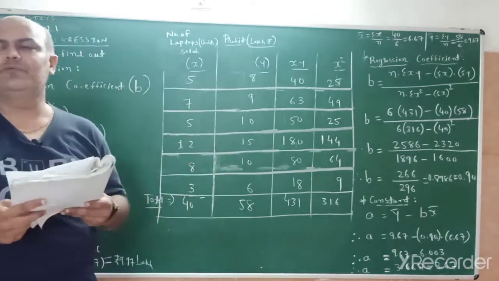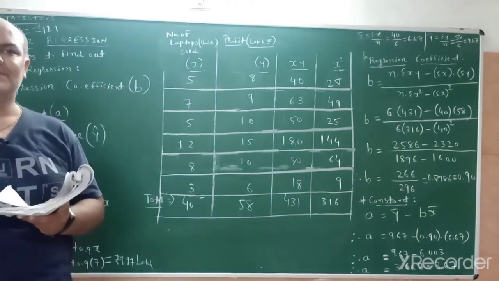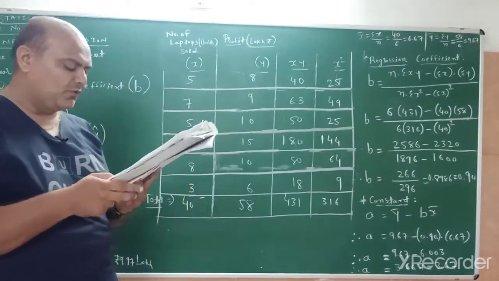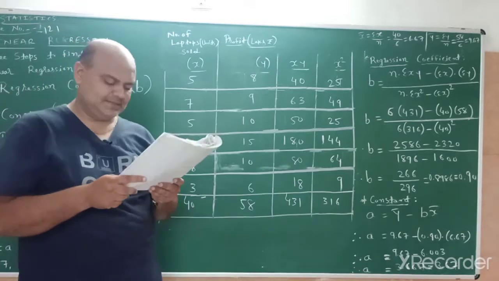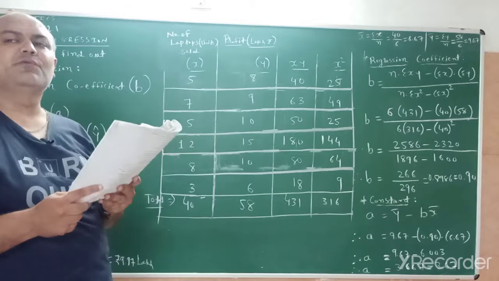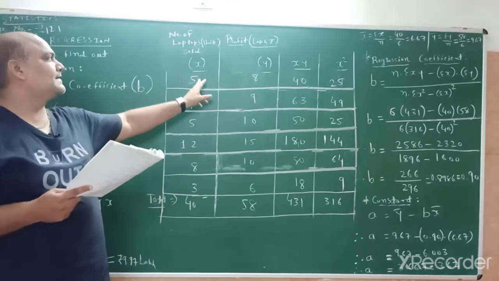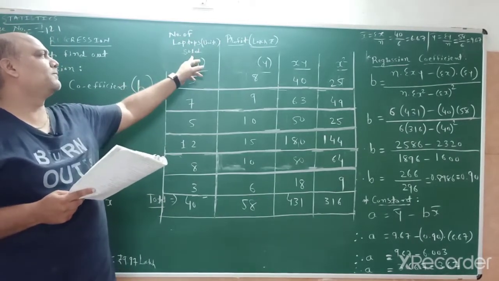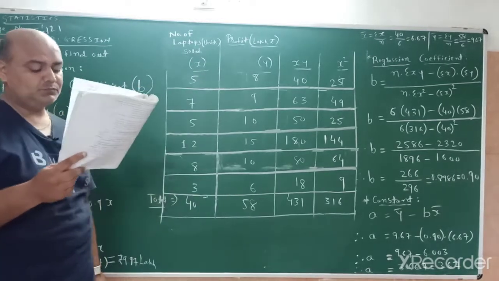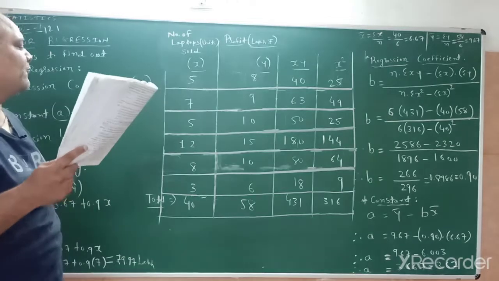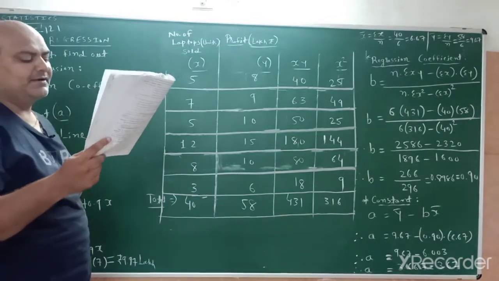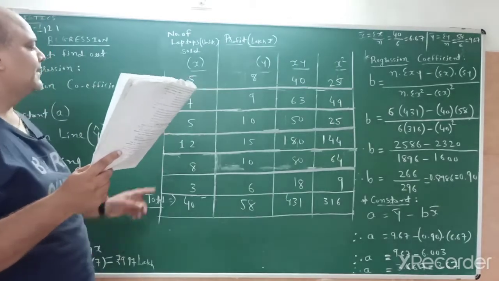As you all know, we require only 2 columns, X and Y. Number of laptops sold, that is X, in 100 units, and profit in lakh rupees, that is Y. So I write here number of laptops sold X: 5, 7, 5, 12, 8 and 3. And profit Y: 8, 9, 10, 15, 10 and 6.